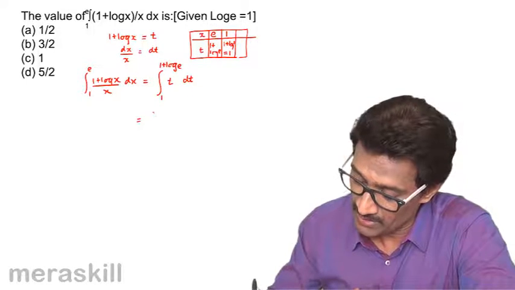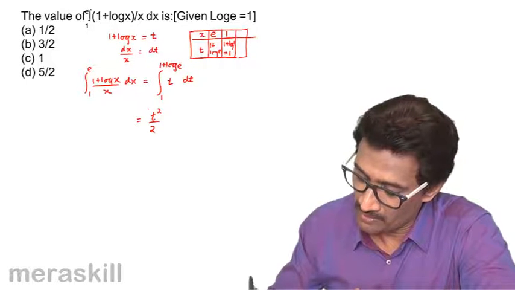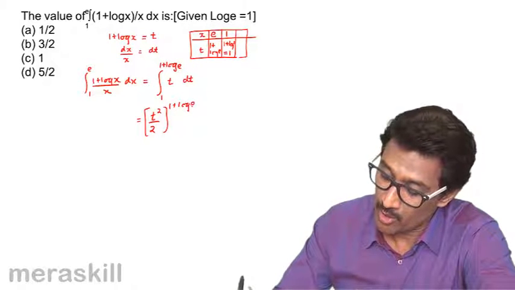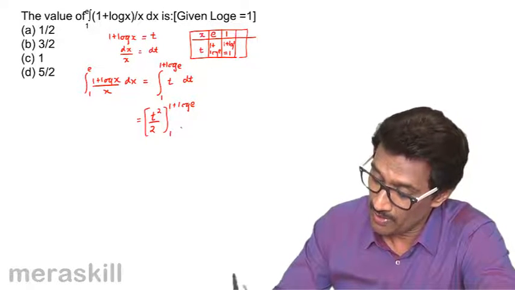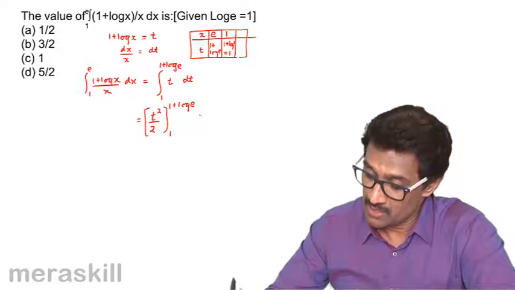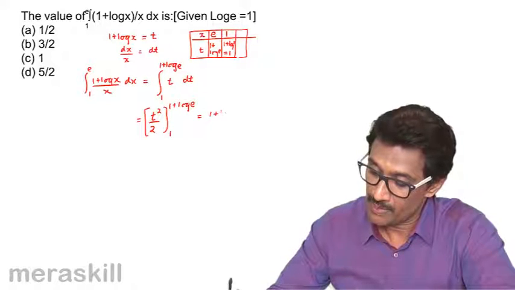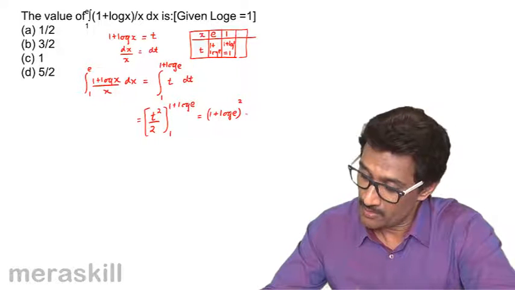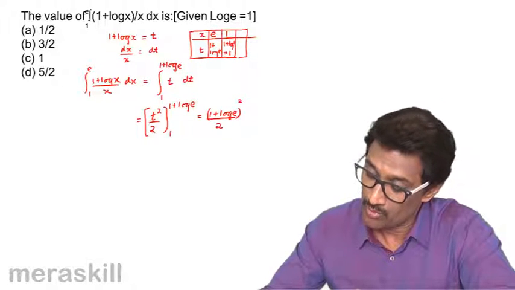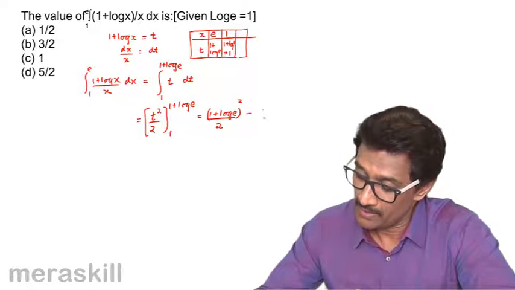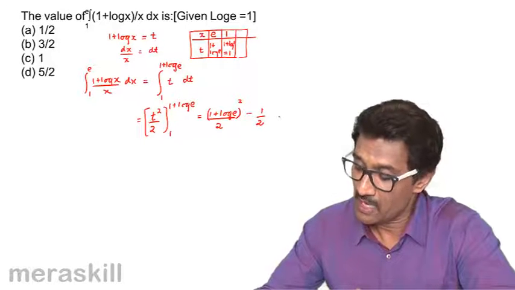So it's eventually t square by 2 from 1 plus log e to 1. So it's eventually 1 plus log e, the whole square by 2, minus the other one is 1 square by 2, that is half.